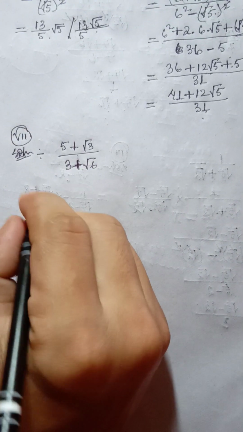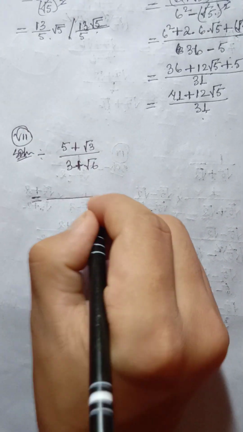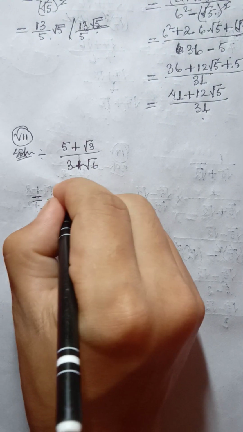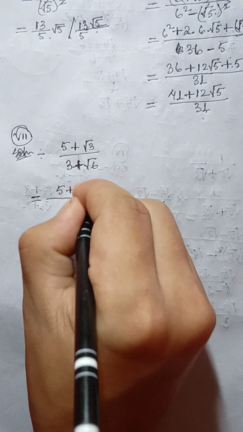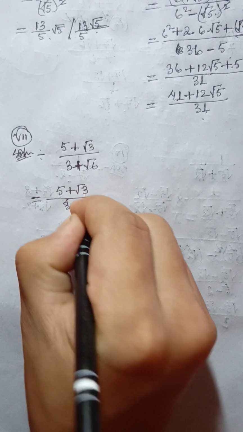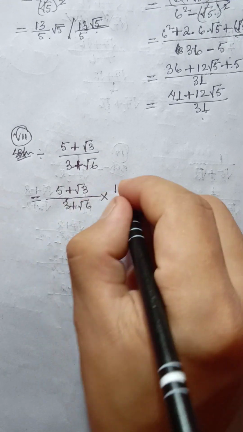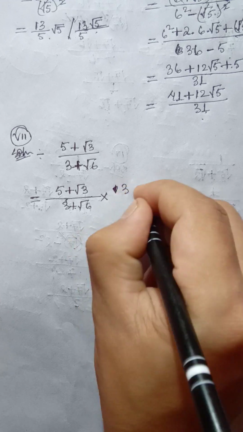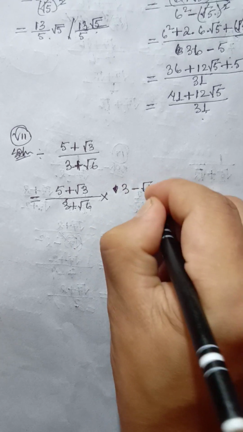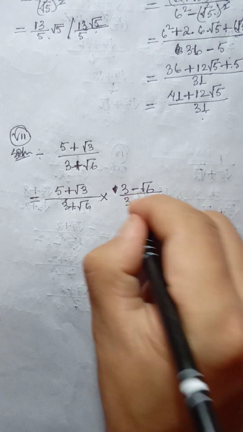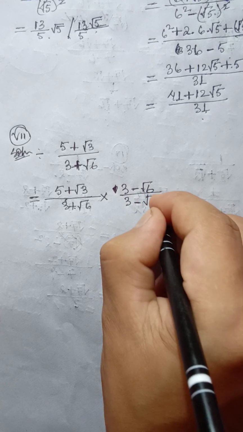Okay, we have to express this one in the form of like this. That is, here if it is plus, we have to express it in the form of minus. Okay, here it will be 3 minus root 6, and here it will be 3 minus root 6.